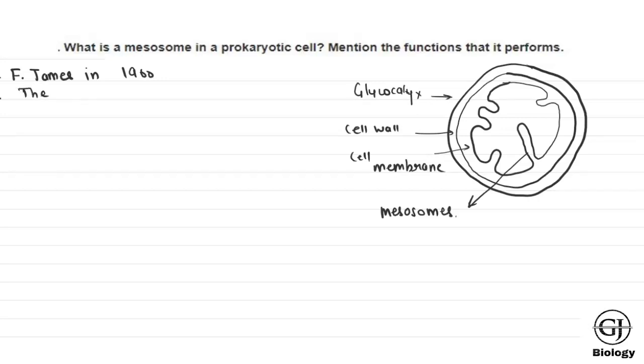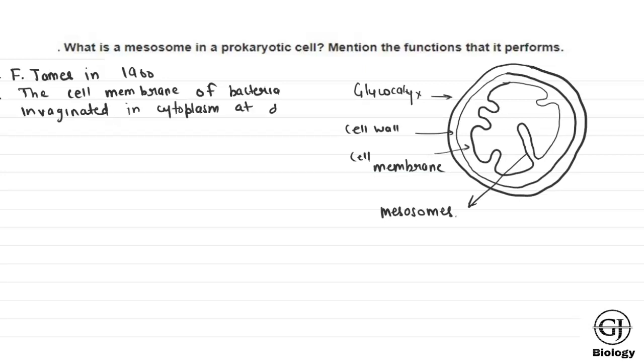The cell membrane of bacteria invaginates in the cytoplasm at different regions and forms mesosomes.